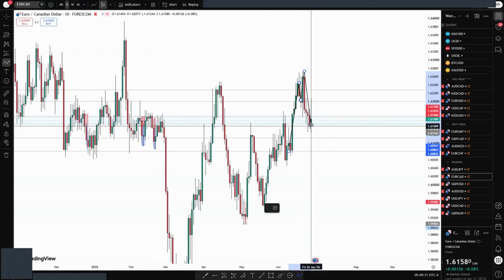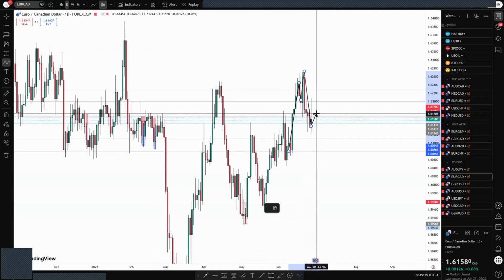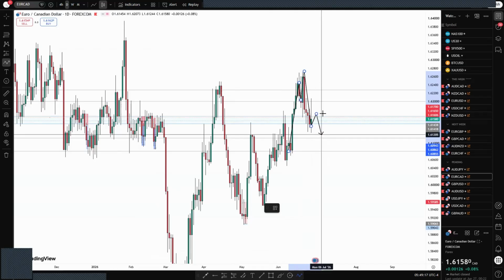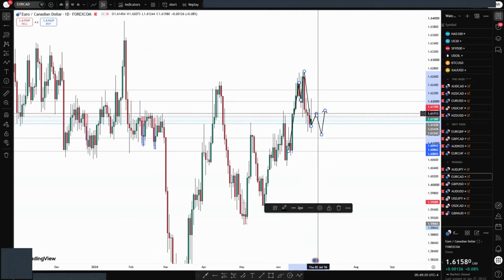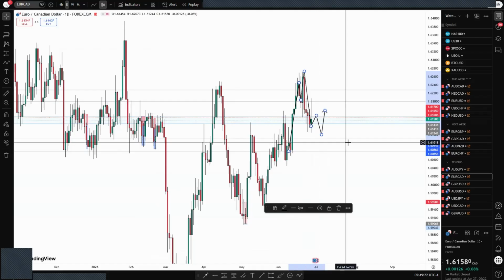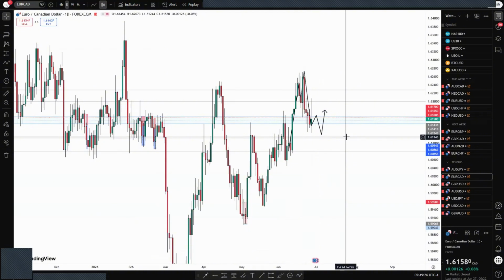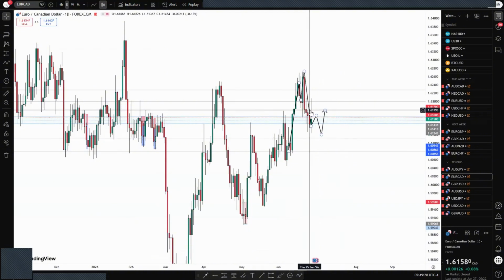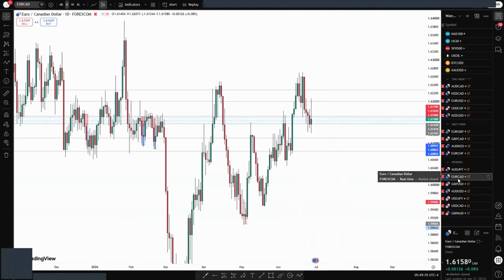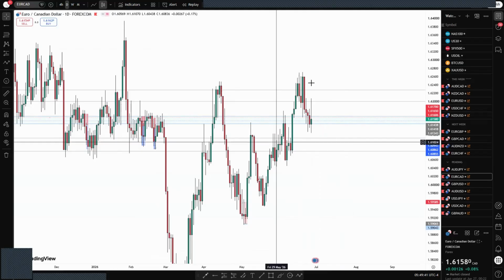So I can't buy. I need price to make a new lower high and a new lower low, and then shift at this same level. Then I can buy this pair. Apart from that, it remains on waiting, or pending anywhere.